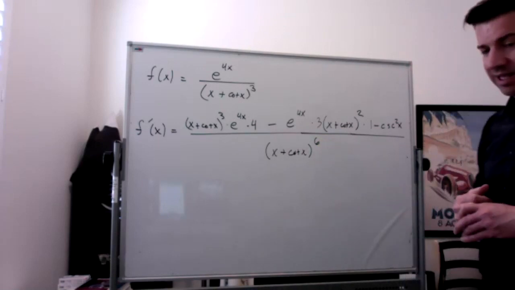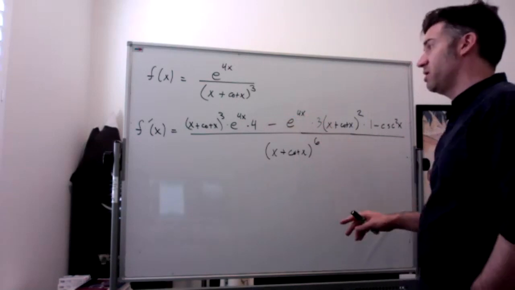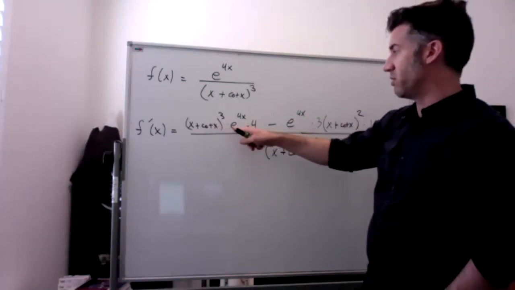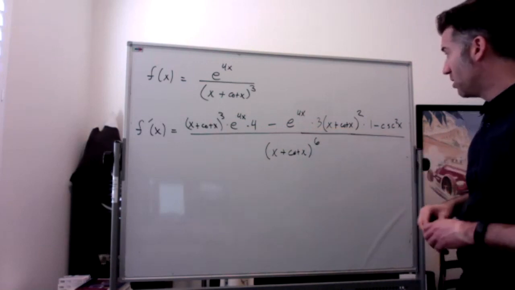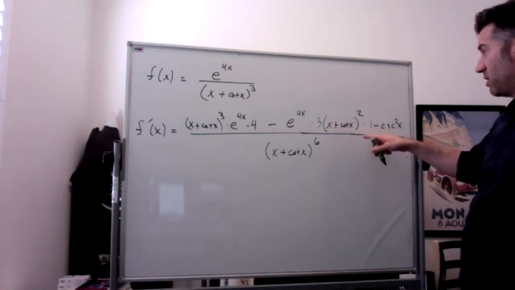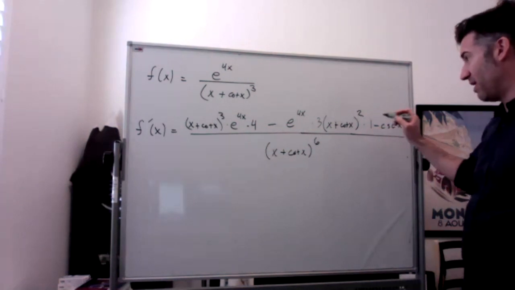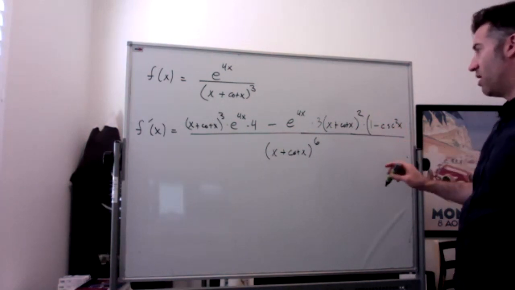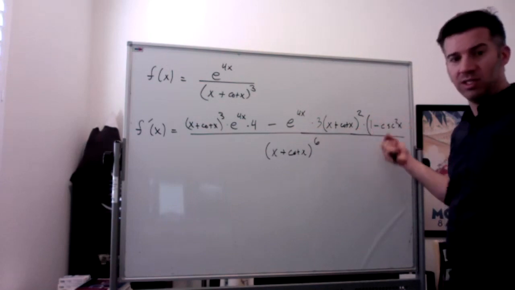All right, now I've made a tiny, tiny error. It is important though. When you have these quotient rule things, bottom times the derivative of the top minus the top times the derivative of the bottom, when you have something that you've multiplied by and there's more than one part to it, you have to have parentheses around it. Otherwise, this looks like all this times 1 minus cosecant squared.